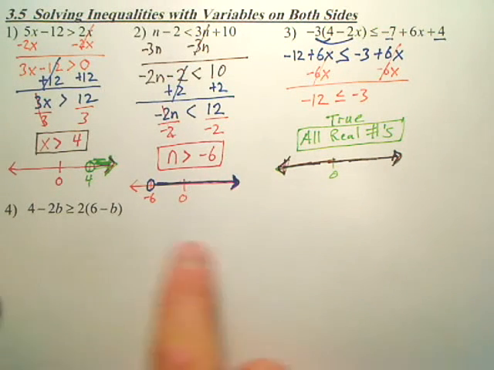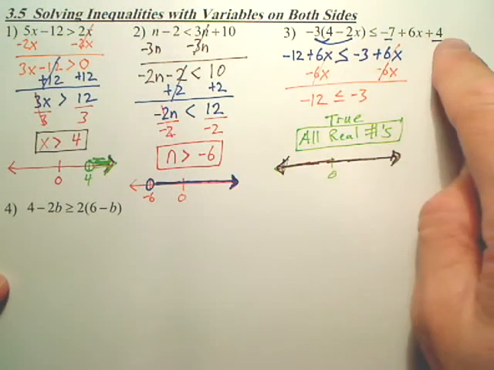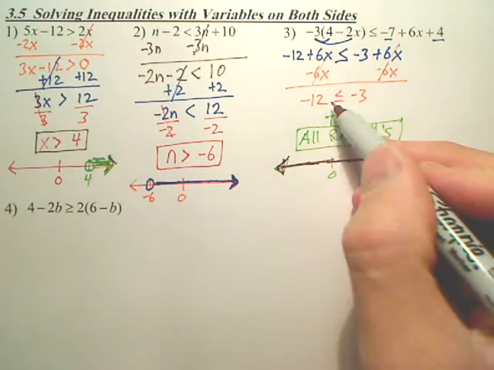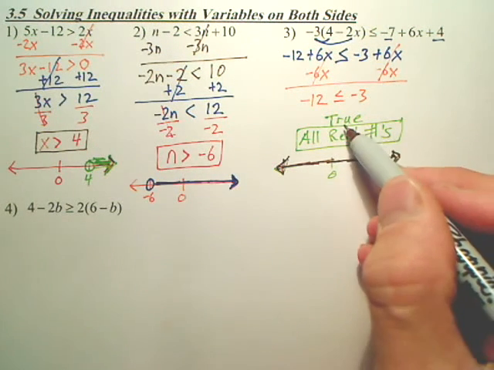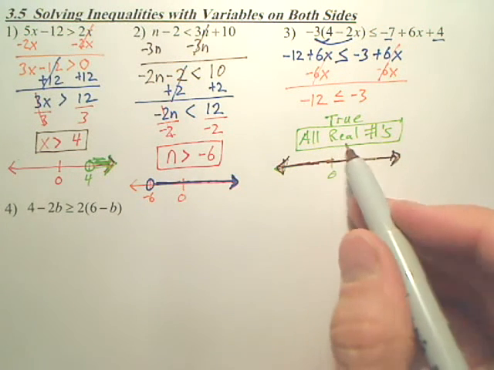Is that okay? All numbers make this true. No matter what number I plug into this inequality, it'll come out true. So, if all your x's drop out, and you're left with a true statement, it's all real numbers. If you're left with a false statement, it'd be no solution.